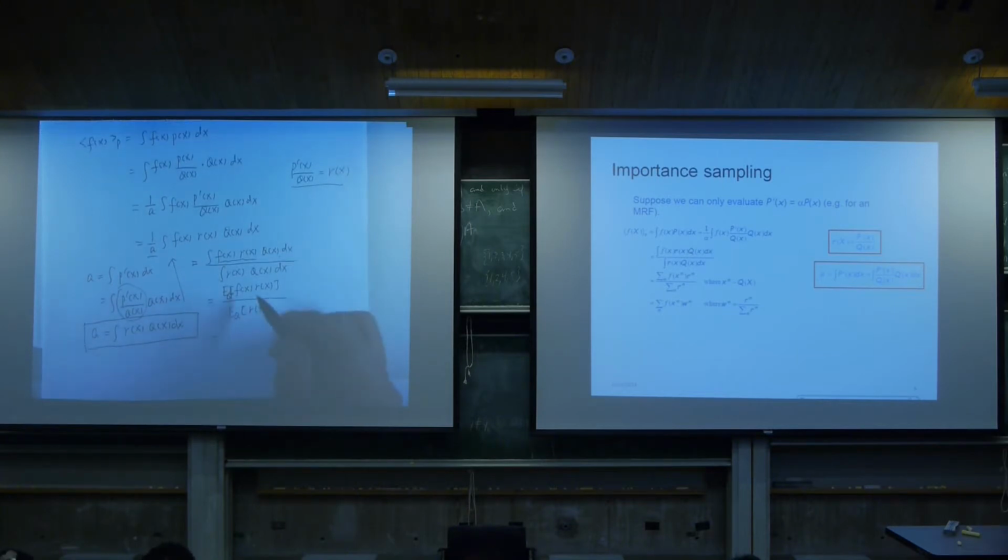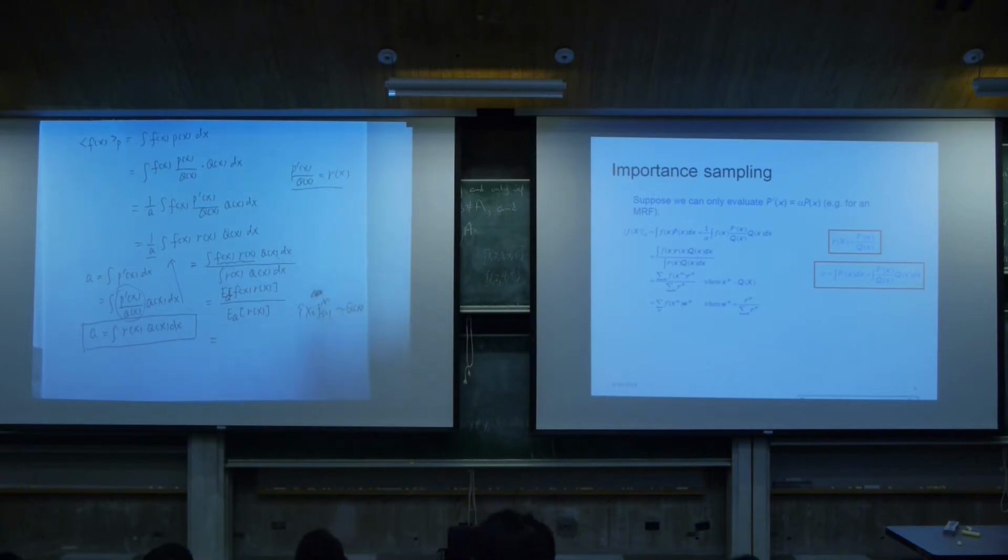So we can use the sample mean to approximate this expectation. Suppose we draw capital M samples x_i, i equals 1 to capital M, all of them drawn from the distribution q. So given this set of samples, we can use it to approximate the expectation.